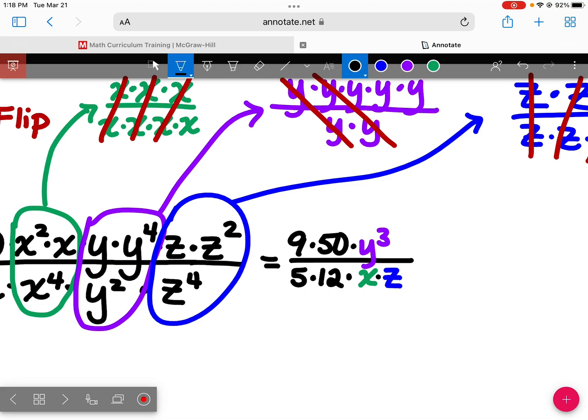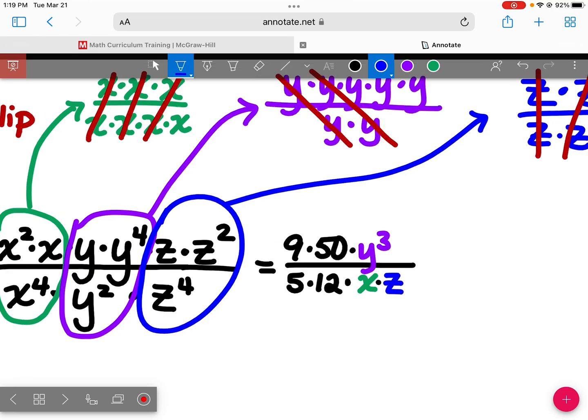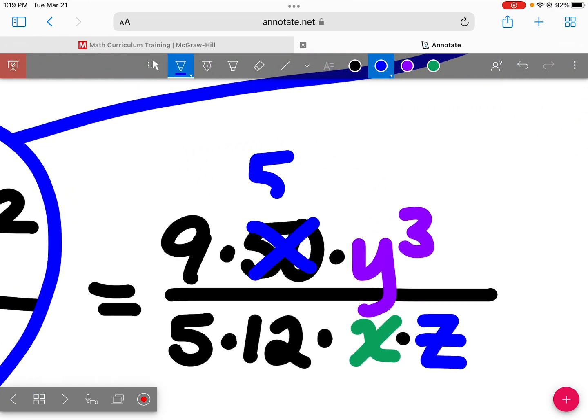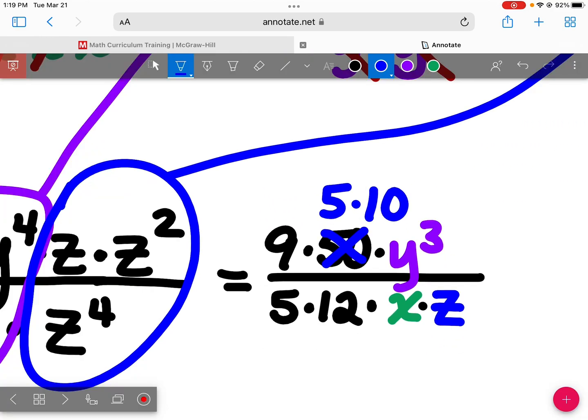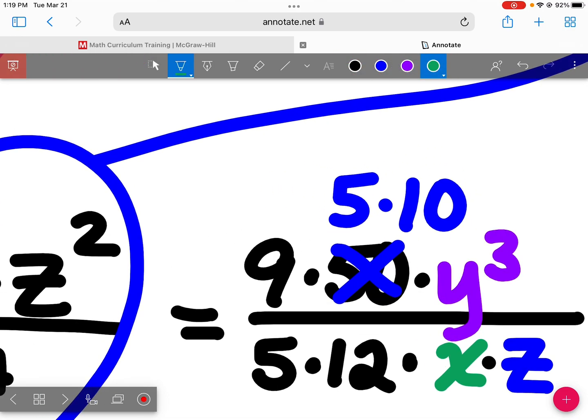Could I rewrite anything on the top so that it would cancel with a number on the bottom? Could I rewrite 9 as something times something, or could I rewrite 50 as something times something? I can do 10 times 5 here. What could I do with the 9? That'd be 3 times 3.